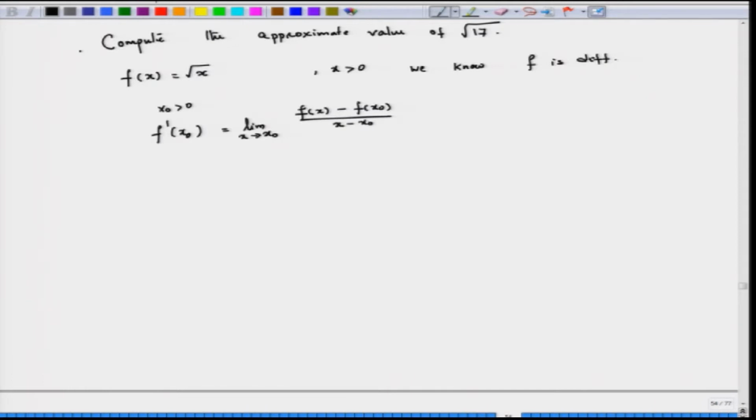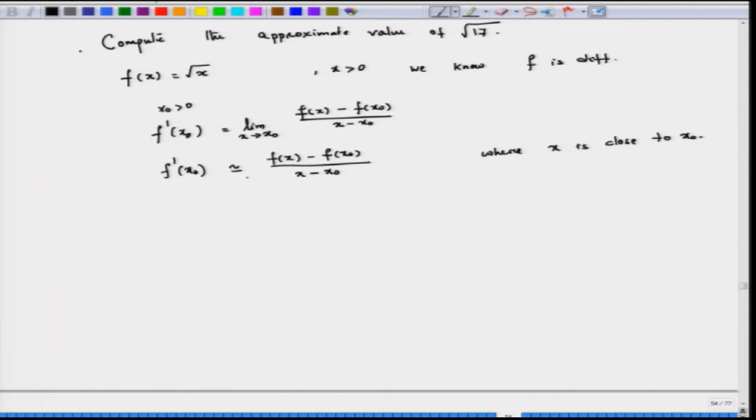So, now for values of x close to x naught, we can write that f prime of x naught is approximately f of x minus f of x naught by x minus x naught, where x is close to x naught.